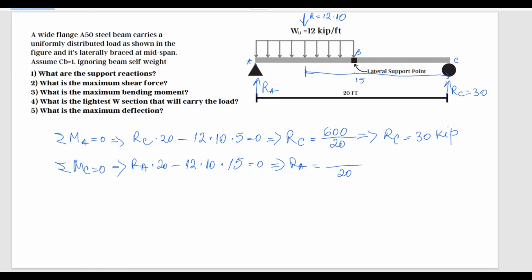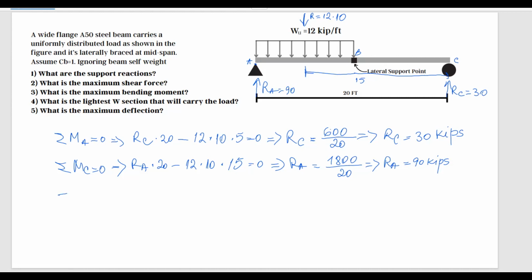Now the top member, we're going to have 120 multiplied by 15. And this gives me 1800. From here, RA equals 90 kips. So RA is 90.